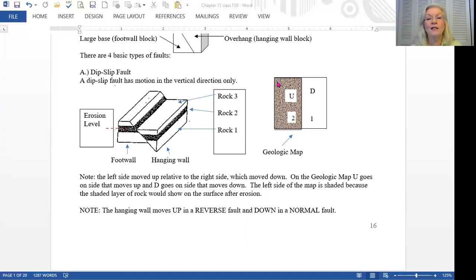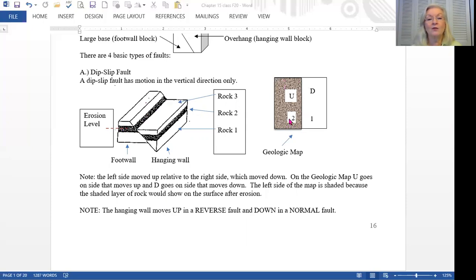What you would see then, the ground you would walk on the left side, would be all this darker colored rock, which is rock layer number 2, which is older. The line down the middle separating our geologic map into 2 parts is the fault line. It represents the line where the 2 rock layers came together.